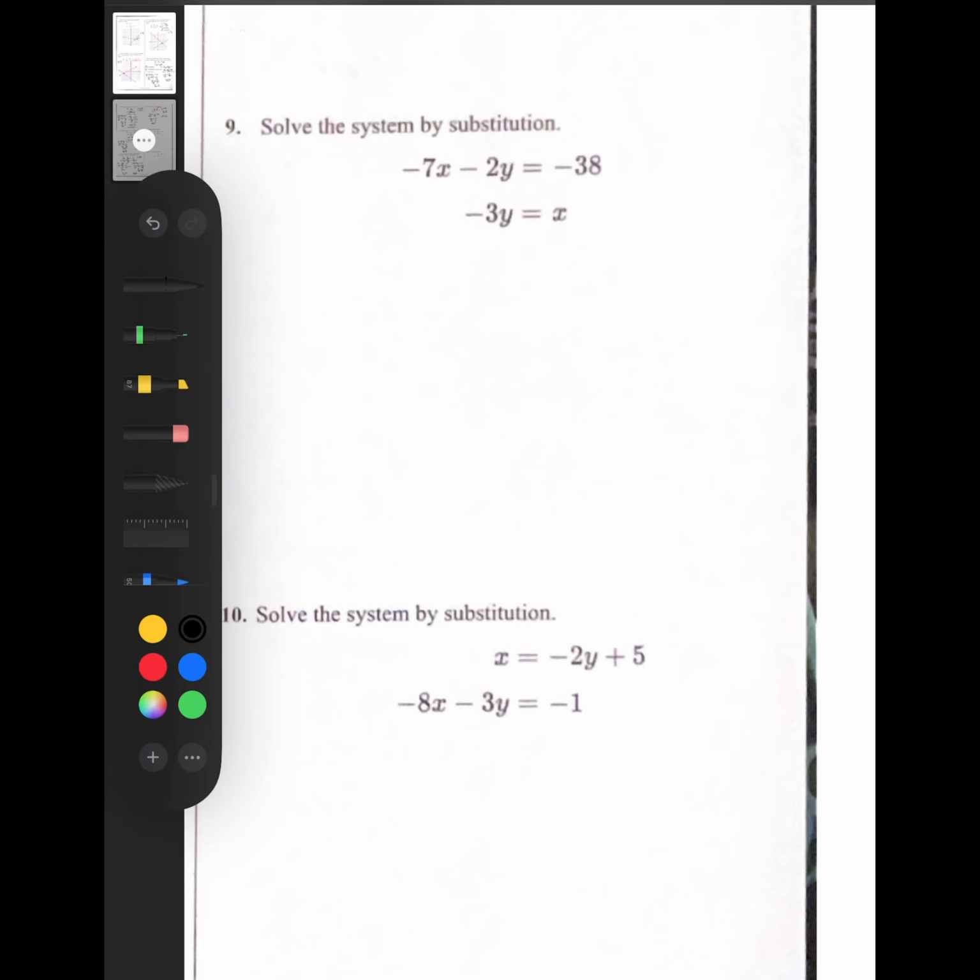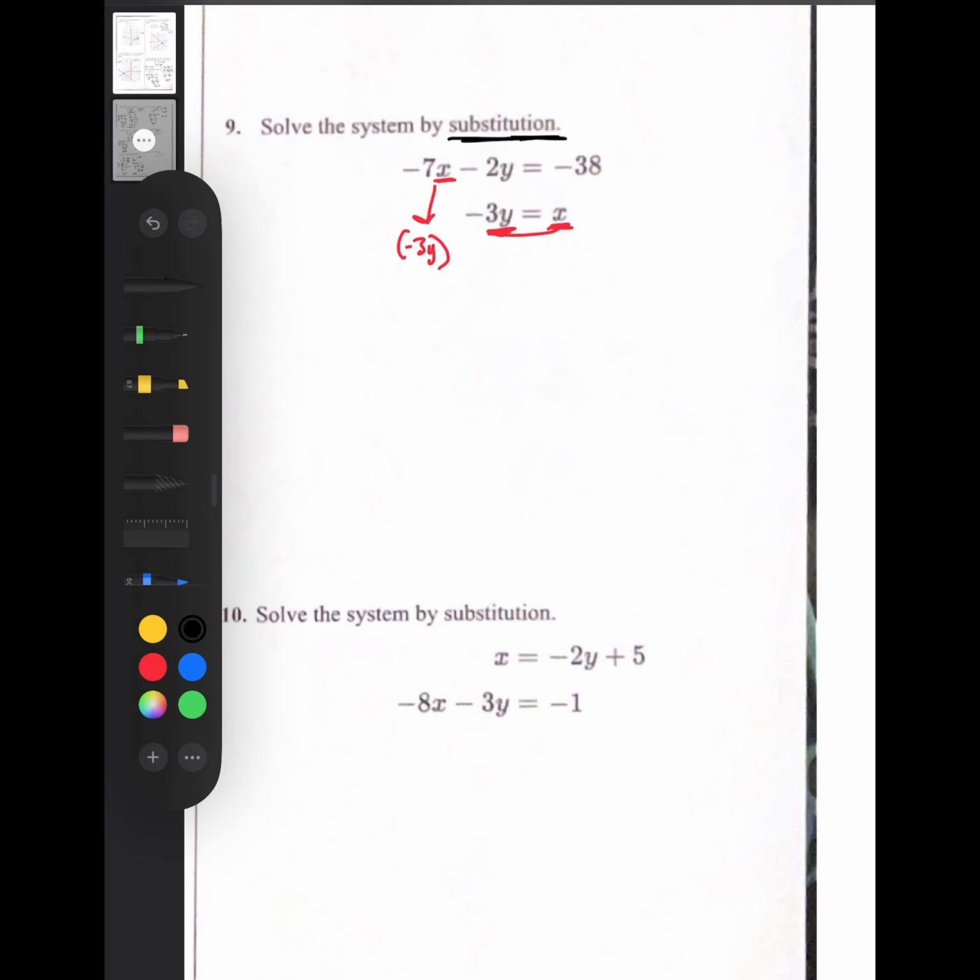Number 9 is also asking for substitution. This one, however, is slightly different. They give you an x. So anytime you see an x, they want you to put negative 3y. So this x is going to turn into a negative 3y.